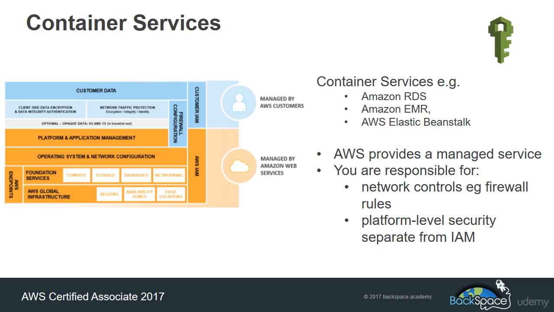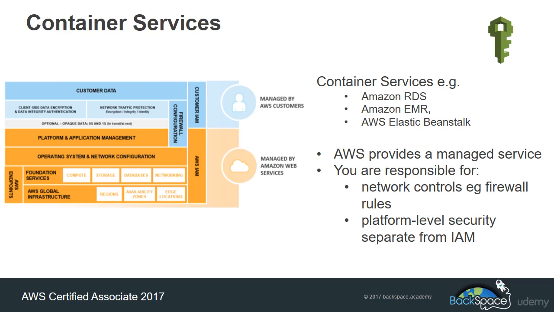It's a container service, so AWS is going to look after a lot of the patching of the operating system and the database engine. That's stuff we would normally do in an EC2 instance. If we were hosting, for example, an Oracle server, then we would look after making sure our Oracle database software is up to date.